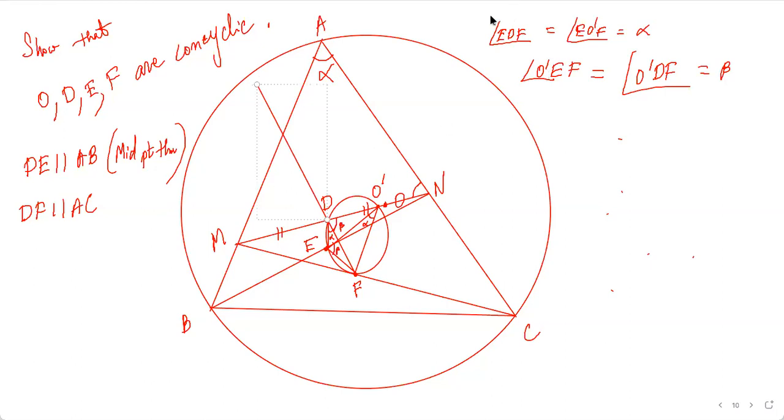DF is parallel to AC, and DN is the transversal. So this angle here is beta, and so that angle will also be beta there.